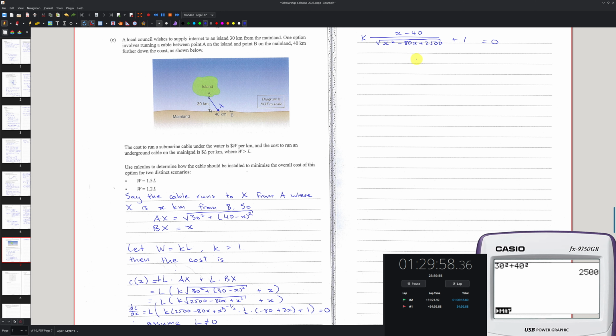Wait, is this real? So k times (x minus 40) equals negative the square root of x squared minus 80x plus 2500.